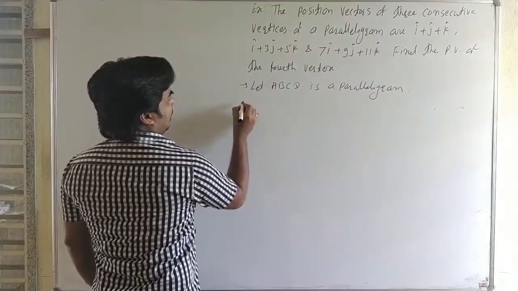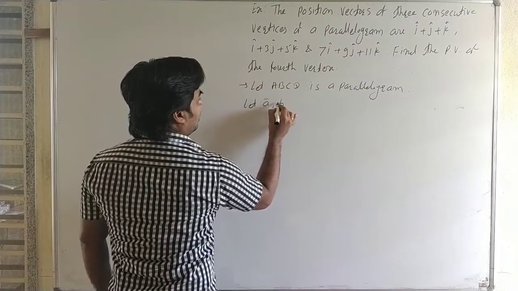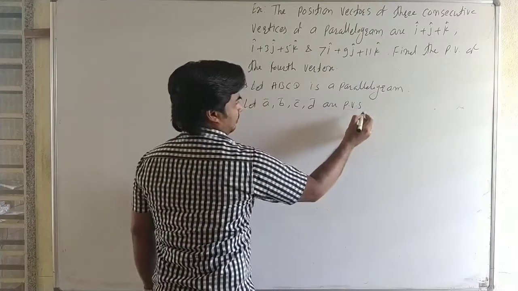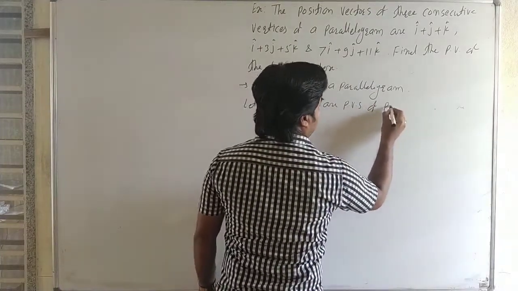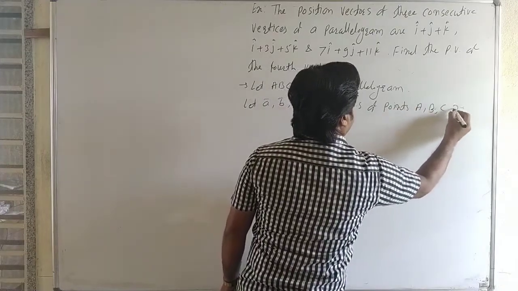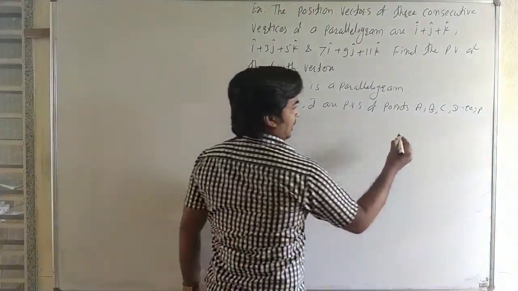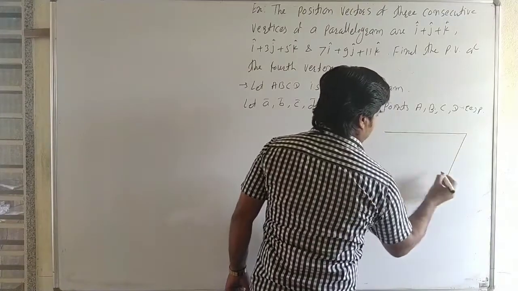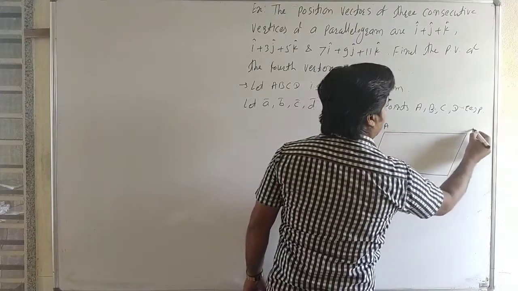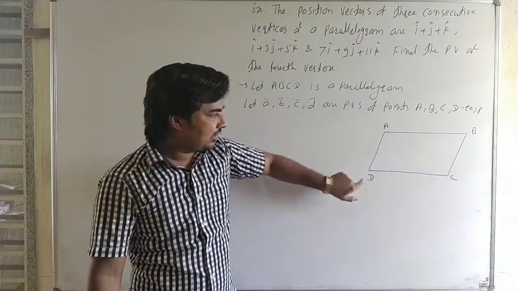Then let A bar, B bar, C bar and D bar be the position vectors of points A, B, C and D respectively. Suppose the given vertices are A, B and C, and we find the vertex D.